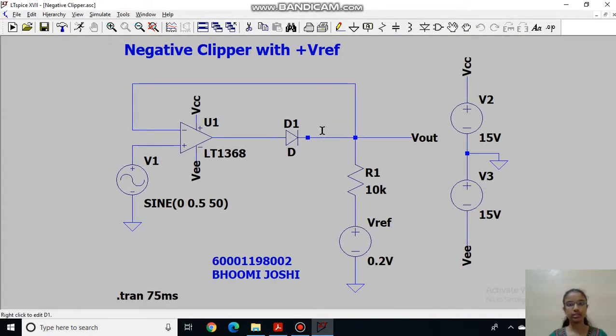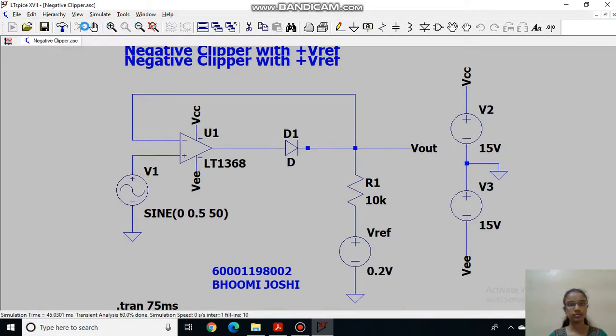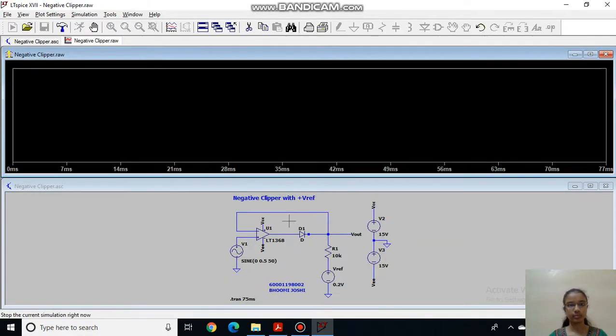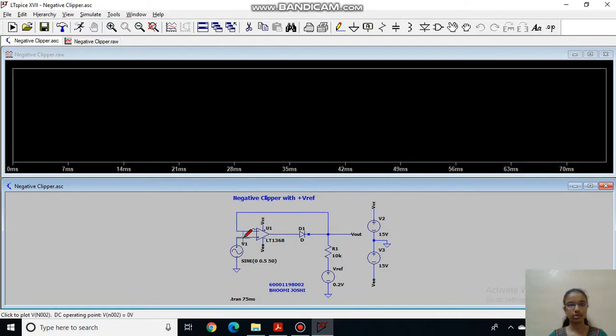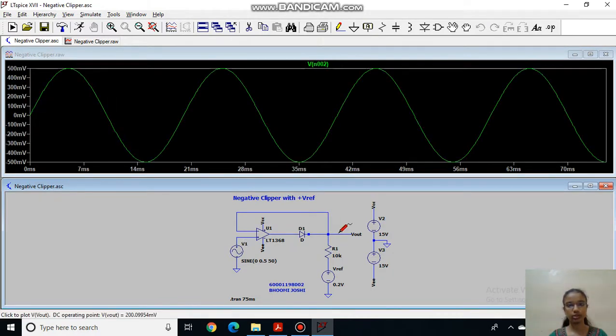The only change is the direction of the diode. So now let us run this circuit. So this is my input voltage, which is 0.5 volt, and this is my output voltage.